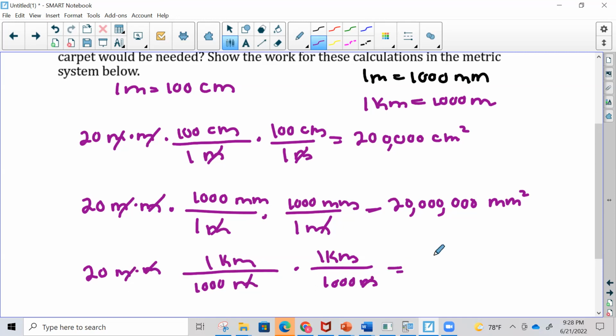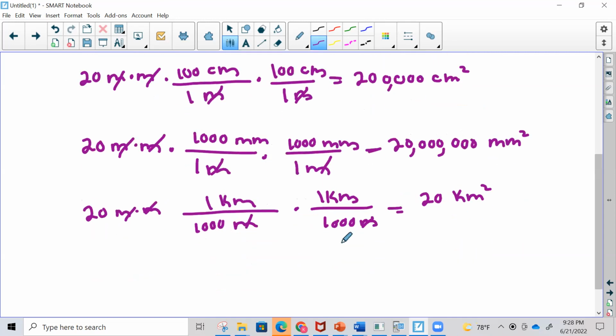So for this one I get 20 times 1 times 1, which is 20, and then kilometers squared, or kilometers times kilometers. On the bottom I get 1,000 times 1,000, which gives me 1,000,000. And if I divide that, you're going to get 0 point, then 4 zeros, and then a 2.